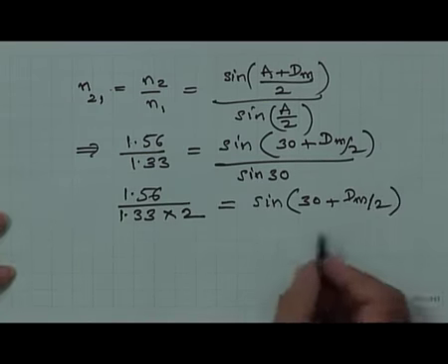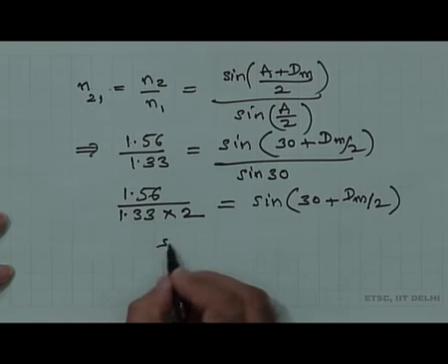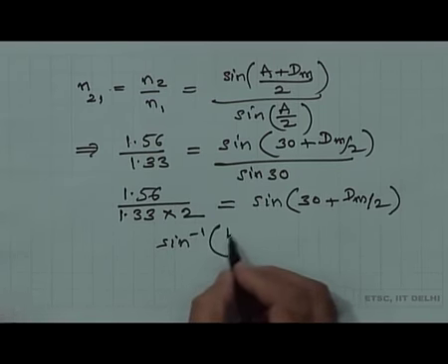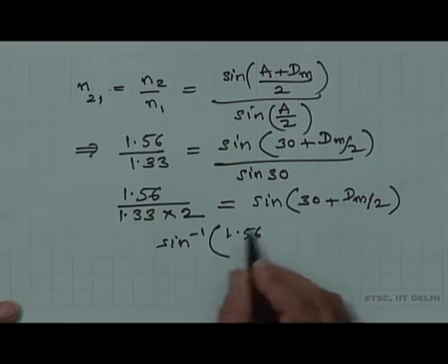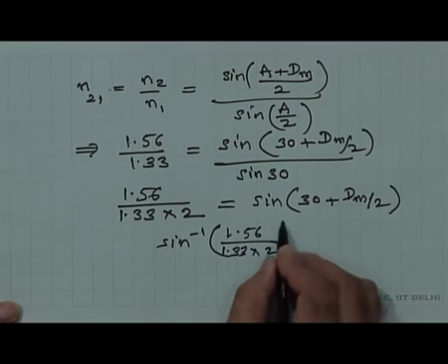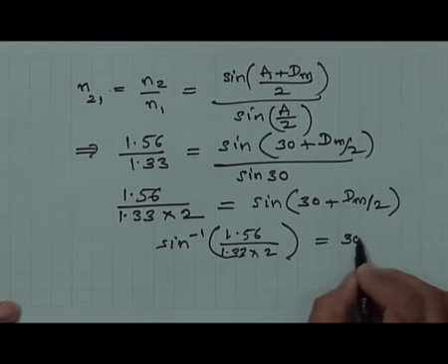If you simplify this, we take the inverse of this. So, sin inverse of 1.56 by 2, that is 0.78, by 1.33, is equal to 30 plus dm by 2.